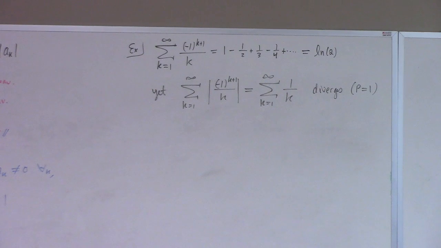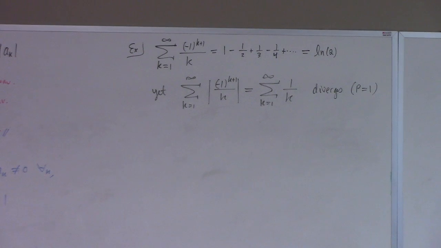But this is not a telescoping series either. This is an alternating series. Although, I see the similarity. I see what you're saying. They've both got this plus minusing going on. So it's kind of an intuitive jump, I think. I see where you're going with that.